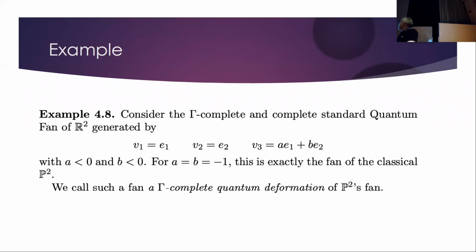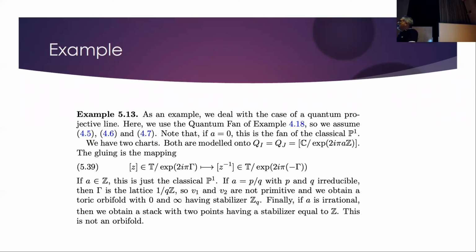So even though the tori are the same for rational numbers, these projective P1s are different. There are different compactifications, just like the weighted projective lines are different compactifications of C star, but they are orbifolds typically in the rational case.